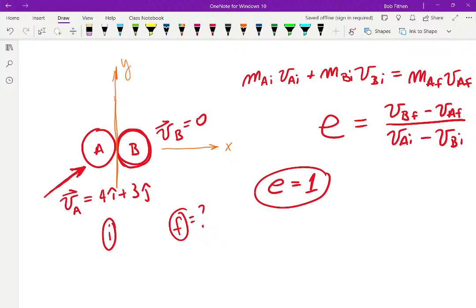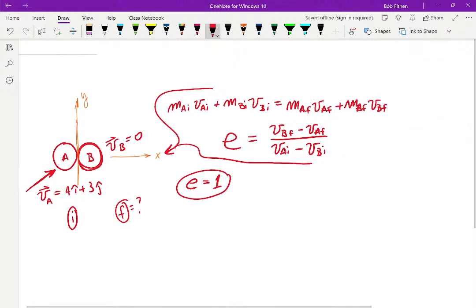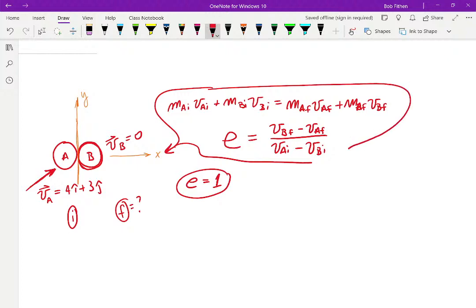It turns out that this can be broken into two sets of problems, one that occurs along the x-axis and the other that occurs along the y-axis. All the impact is occurring along the x-axis. So to work this problem, you would use this set of equations on the x-axis.